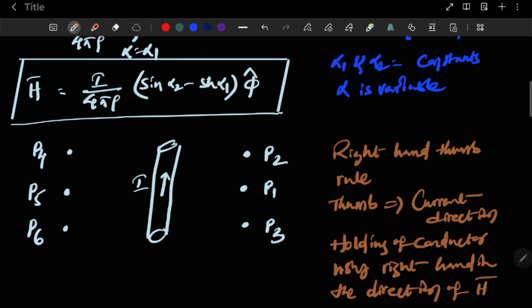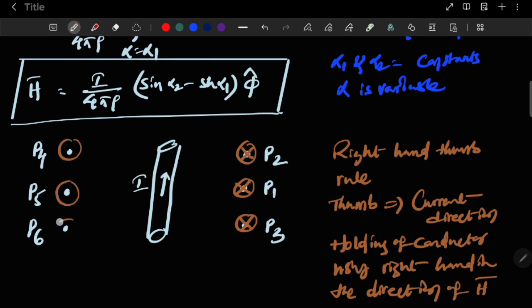That means if you hold the conductor by keeping your right hand thumb towards the current direction, your four fingers are going into the screen, into the screen. You can try this one, but here it is coming out of the screen.